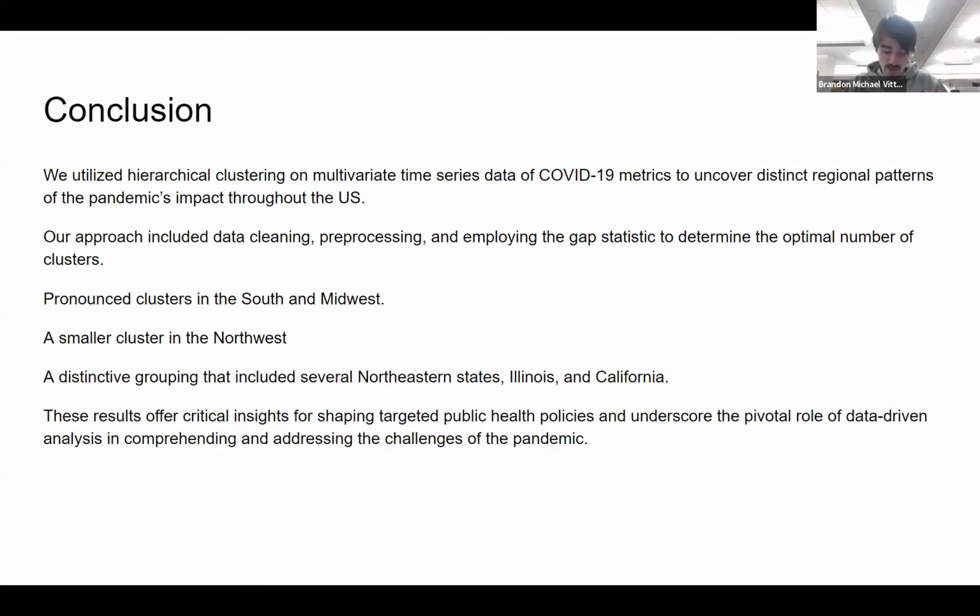Our methodical approach, which included data cleaning, pre-processing, and employing the gap statistic to determine the optimal number of clusters, led to the identification of pronounced clusters in the South and the Midwest, as well as some smaller clusters in the Northwest and a distinct clustering that included several states in the northeastern United States, as well as Illinois and California. And these results offer critical insights for shaping targeted public health policies and underscore the pivotal role of data-driven analysis in comprehending and addressing the challenges of the pandemic.